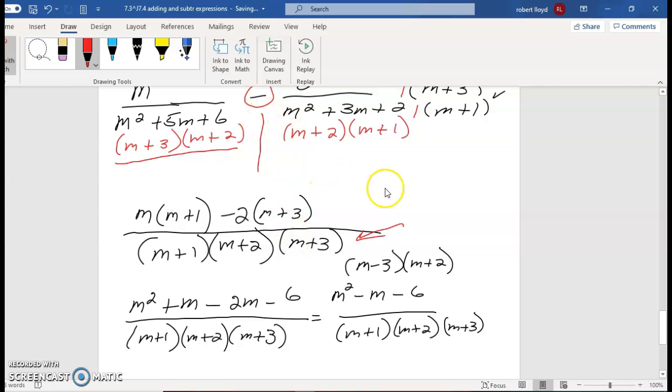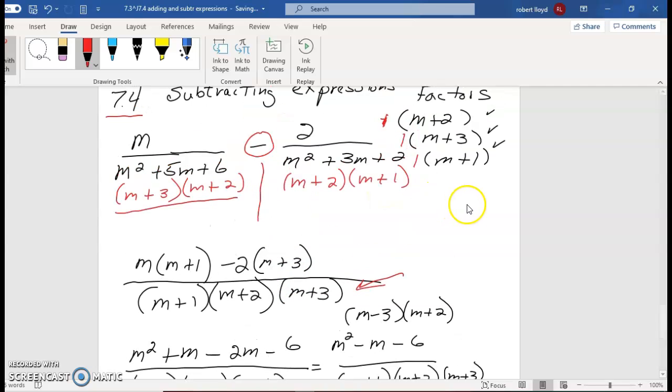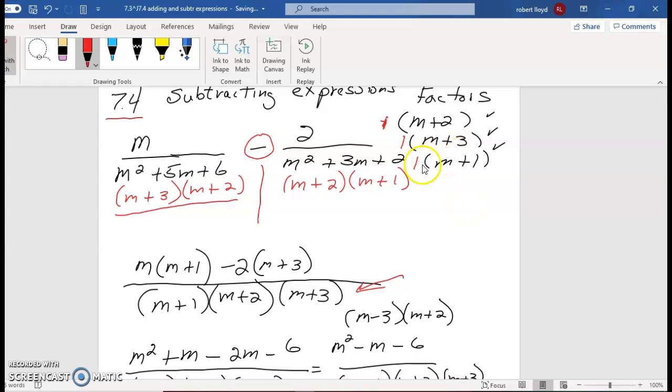Now remember, this minus, a subtraction can go right up here with the numerator. So when we look at the second denominator and we take m plus 2 and m plus 1 out, that leaves us with m plus 3, and we got negative 2 of them, so we have to multiply.